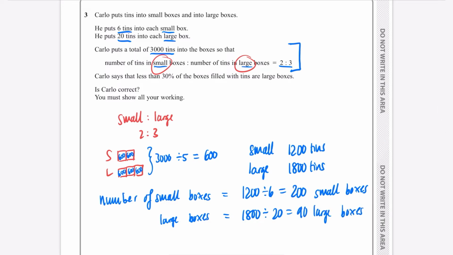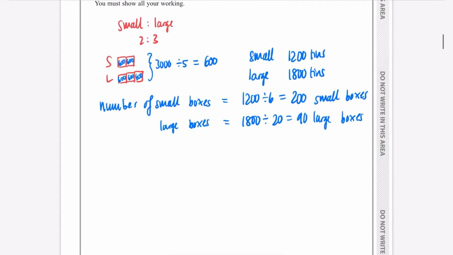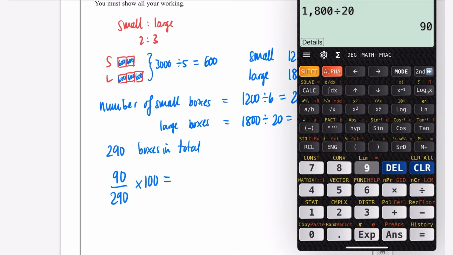And Carlo says that less than 30% of the boxes filled are large. So it looks like we're filling 290 boxes in total. And the large ones are 90. So I'm going to do 90 out of 290, and I'm going to make that become a percentage by multiplying it by 100. And we'll then see what the answer is. So we're going to do 90 out of 290, and I'm going to multiply that by 100.